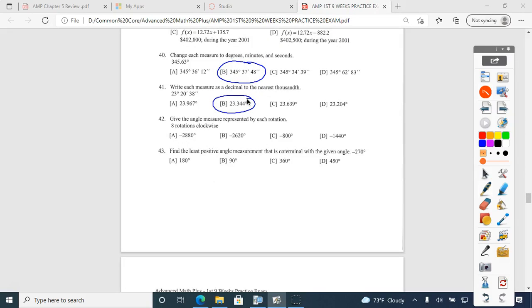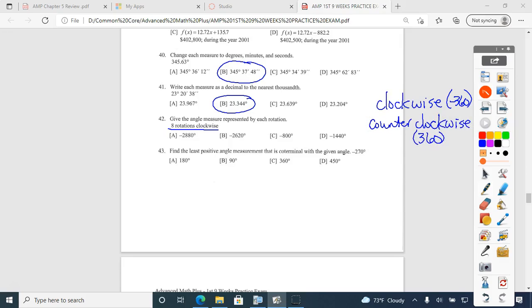42 says give the angle measure represented by each rotation. This one is 8 rotations clockwise. So you have to remember, clockwise means you multiply by negative 360. Counterclockwise, you multiply by positive 360.